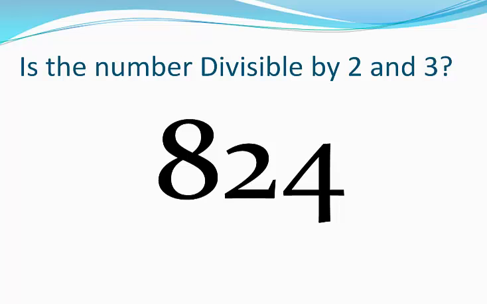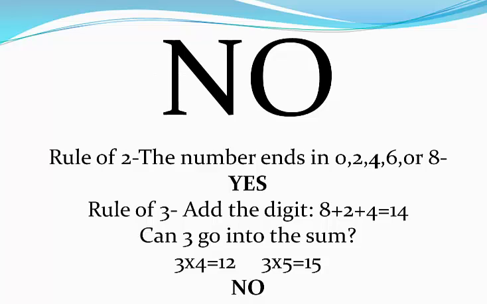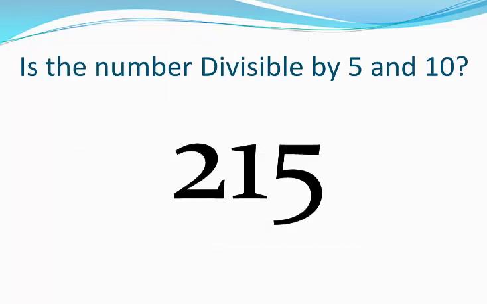No, and therefore 824 is only divisible by 2, but not by 3. Is 215 divisible by 5 and 10? Well, we know it's divisible by 5 because it ends in a 5. Is it divisible by 10? No, it is not, because it does not end in a 0.